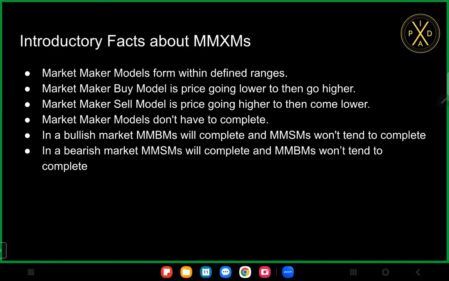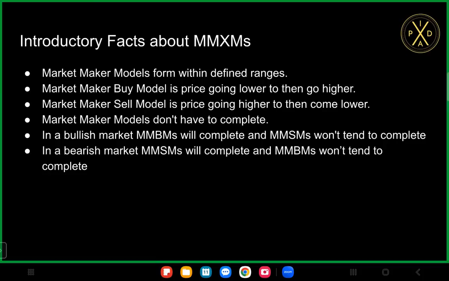All right, so this slide is mainly geared towards the beginners, but when I explain all these points, even the more advanced guys can take something away from this. But to start it off, I have the market maker models form within defined ranges, and the market maker buy model is price going lower to then go higher, and the market maker sell model is price going higher to then come lower.